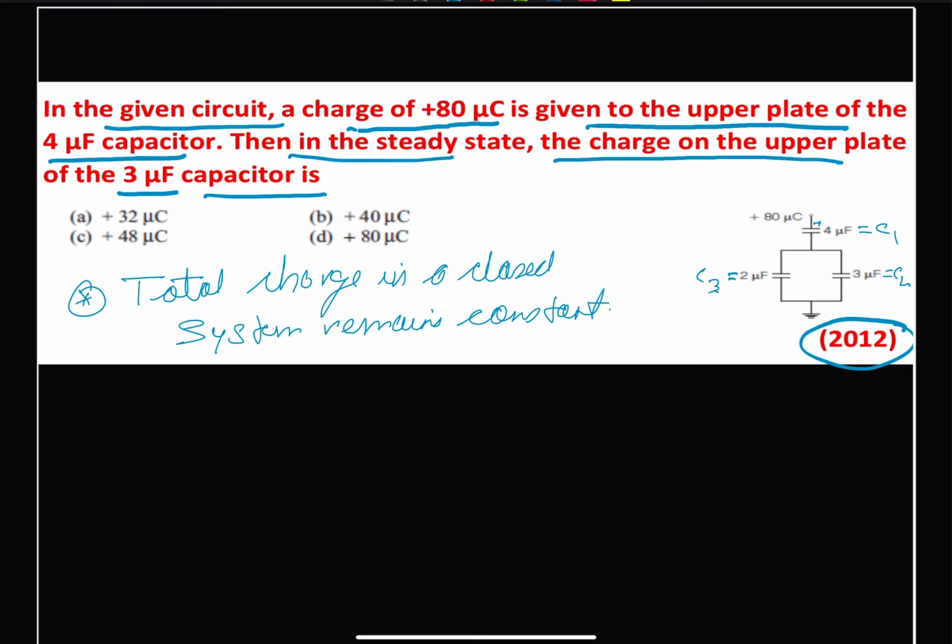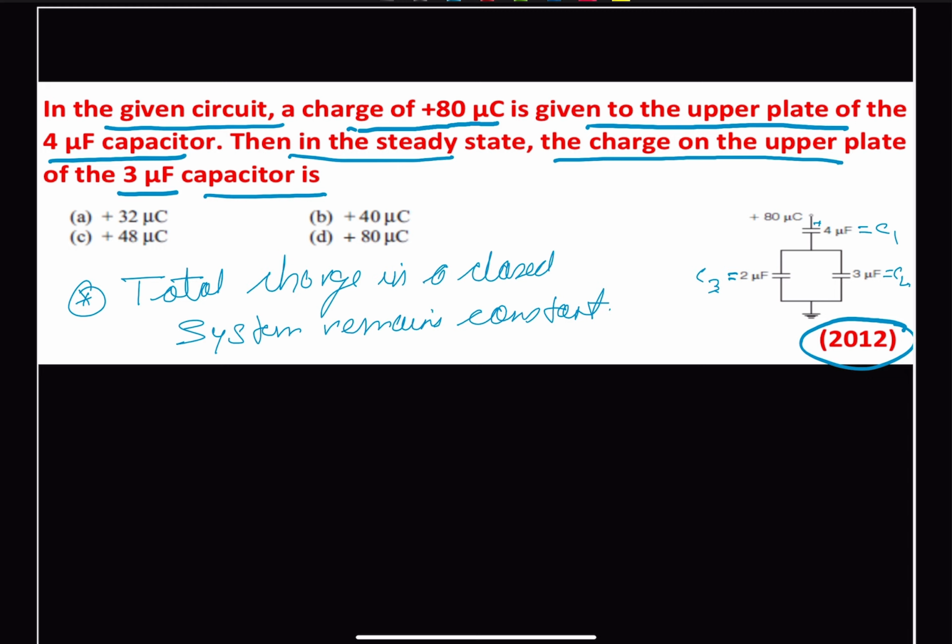In this case, as soon as we connect C1 to C2 and C3, this 80 microcoulomb charge will be distributed across the entire system, but the total sum will still equal 80 microcoulomb, because the initial charge on C3 and C2 is not mentioned, but we are presuming that it is 0.